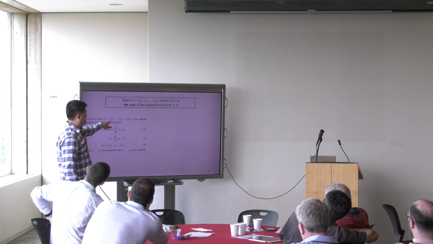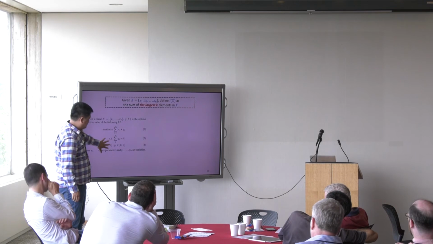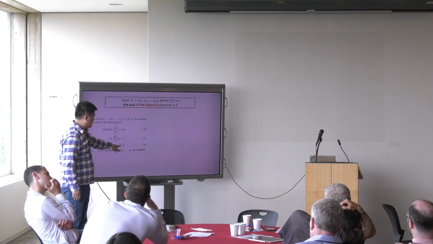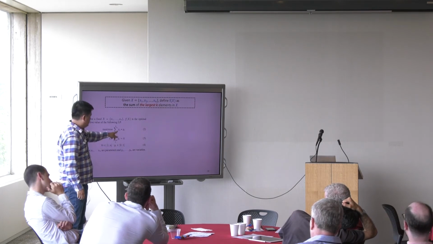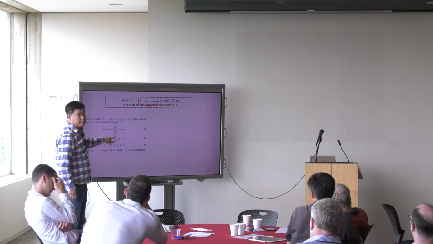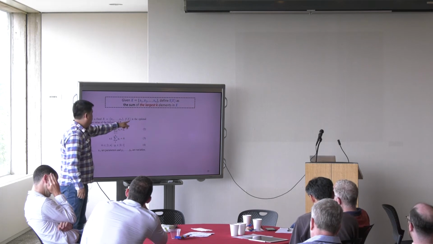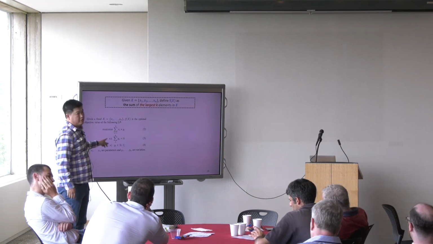Given each fixed x, we have this linear program, where yi is between 0 and 1 and their sum is k. This is still a linear program, right? And f(x) is actually the optimal objective value of this linear program.